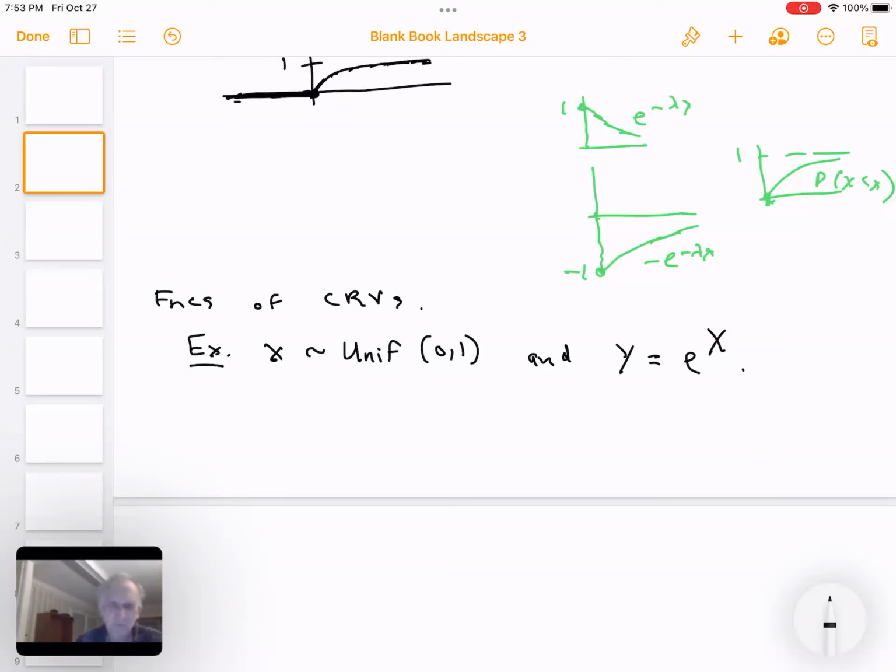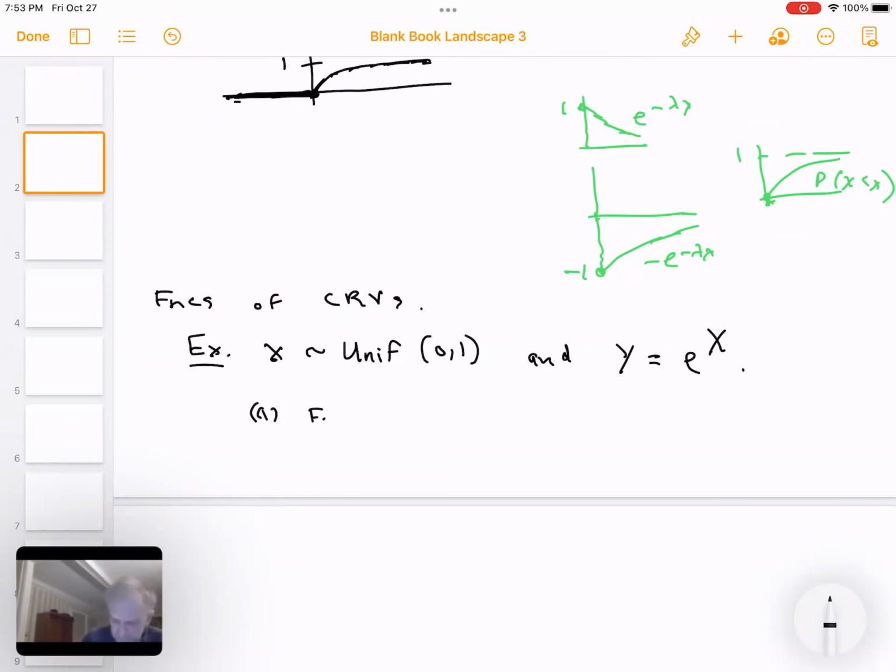We can verify all this now, but I feel that it's sort of natural. If not, we can follow up. So we have Y equal to e to the capital X.